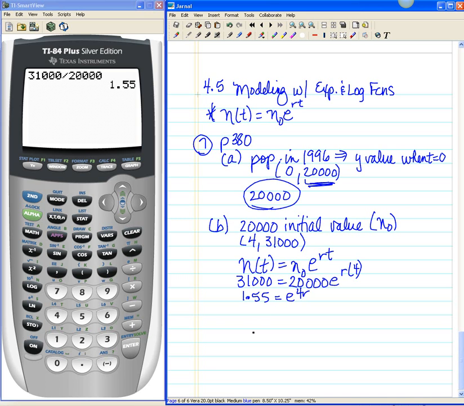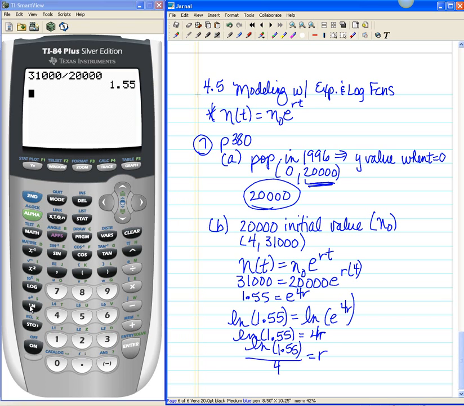So now this is where we're going to use the property of logs to bring down the exponent. If we take the natural log of both sides, we're going to get the natural log of 1.55 is equal to just 4r. So if we divide both sides by 4, we're going to figure out what r is.